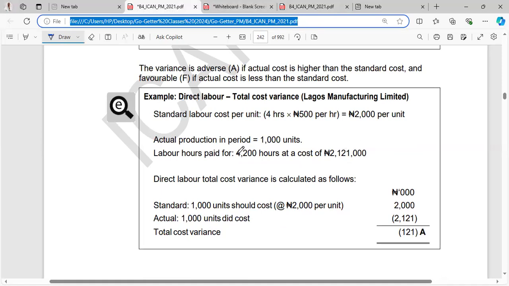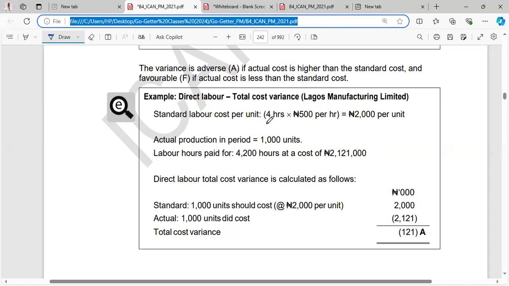Now, this is labor hours paid for. This doesn't mean that this is the total hours that was worked. This is the hours that we are paid for. So it's possible that idle time and productive time is here.